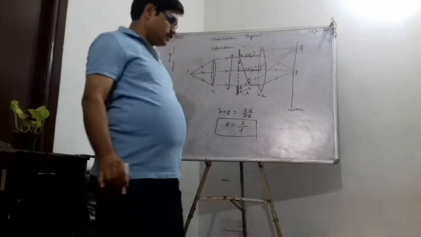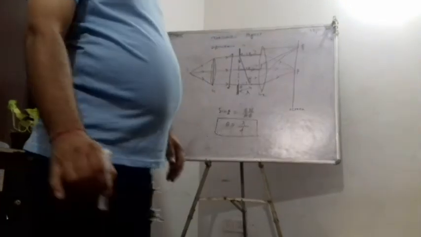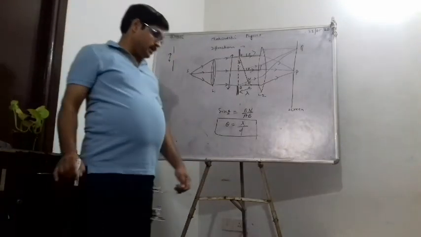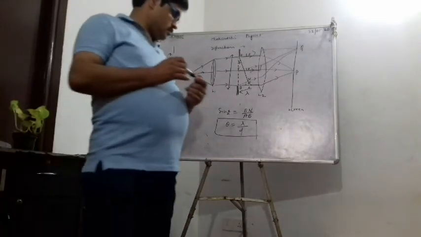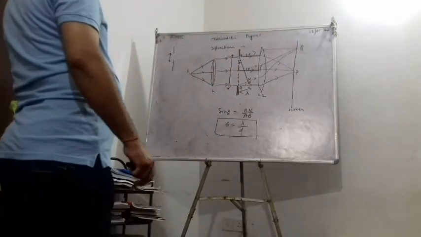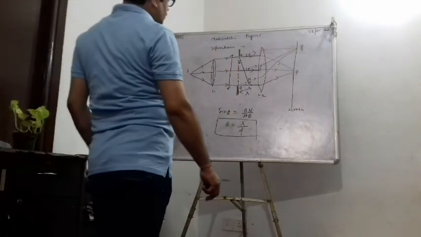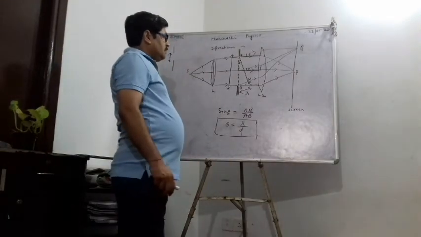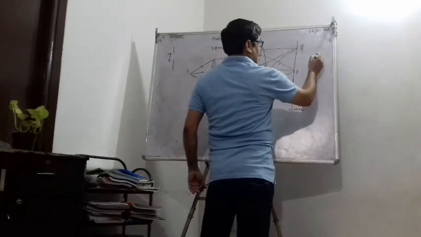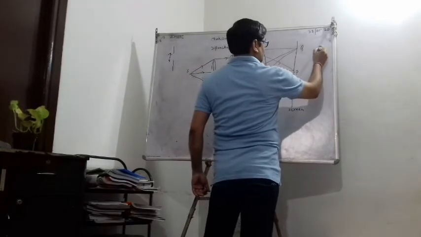This is called the angular width of the diffraction pattern, that is, the Airy disk is obtained at this point.